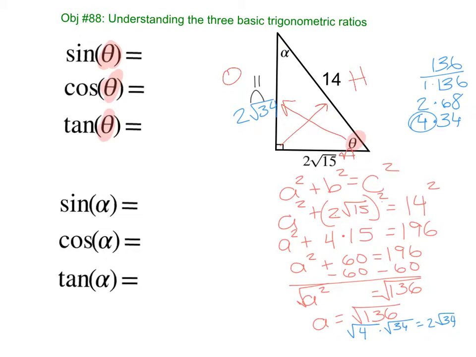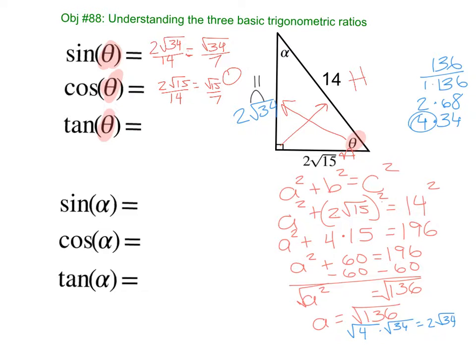So sine is opposite over hypotenuse, 2 root 34 over 14. I can divide the top and bottom by 2 to simplify. Root 34 over 7. Cosine, adjacent over hypotenuse, 2 root 15 over 14. So that's root 15 over 7.